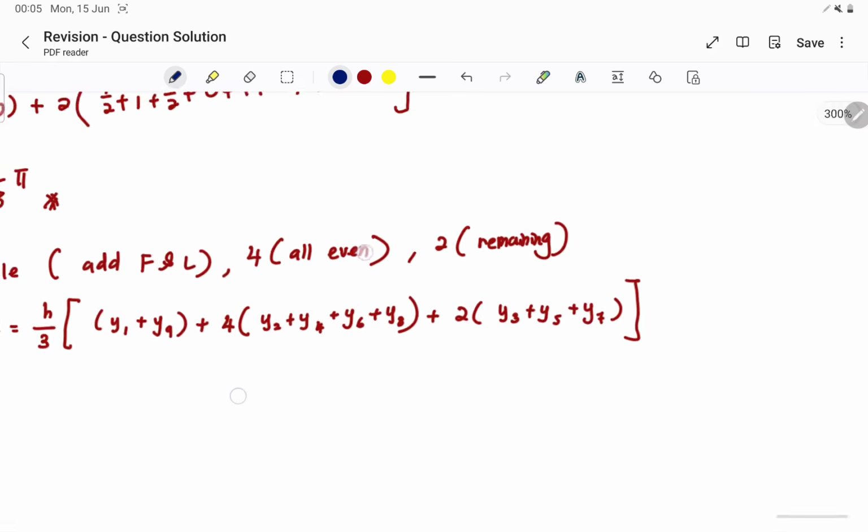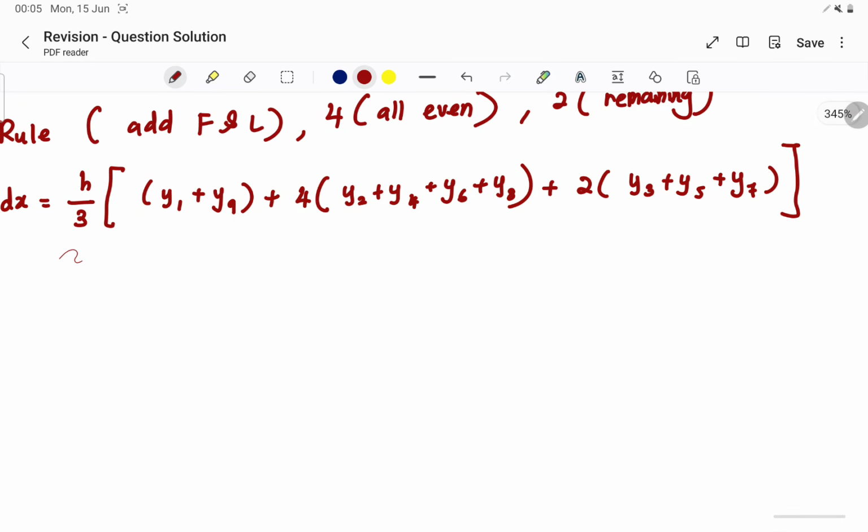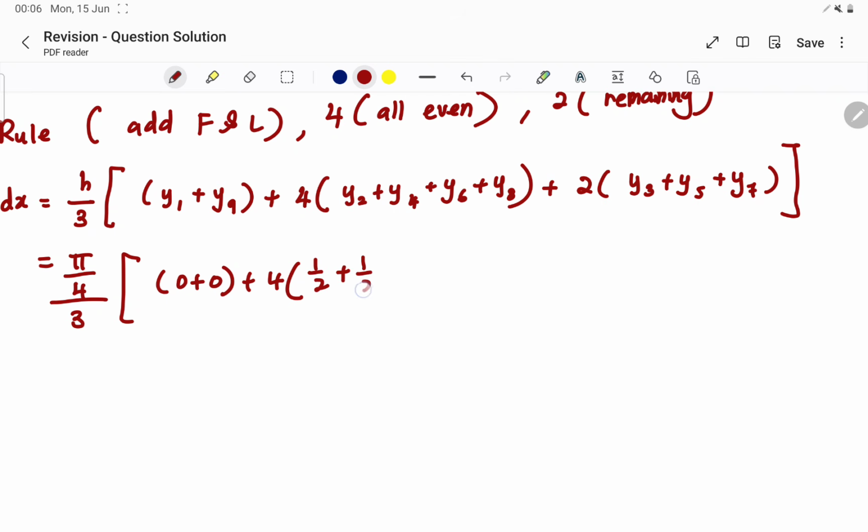So h divided by 3, by right pi over 4 divided by 3, multiplied with y1 plus y9, 0 plus 0, plus 4 multiplied with y2, 1 over 2, y4, 1 over 2, y6, 1, y8, 1 over 2, plus 2 multiplied with y3, 1, plus y5, 0, plus y7, which is 1.